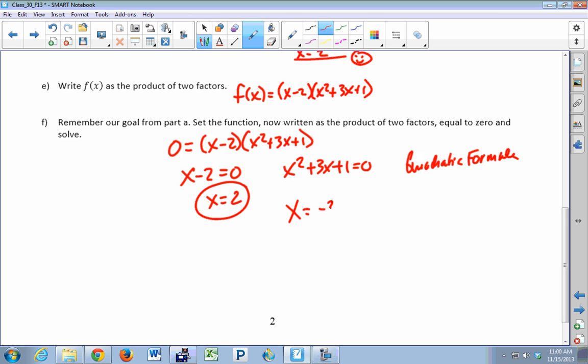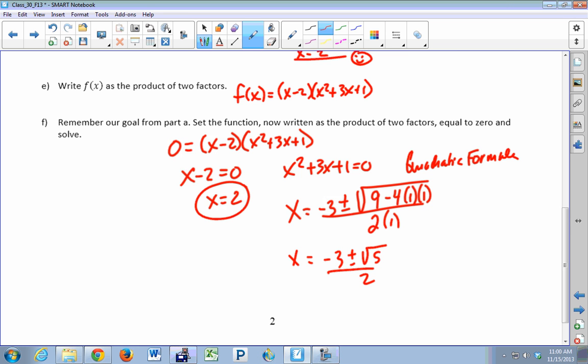X equals negative b plus or minus the square root of b squared minus 4ac all over 2a. X equals negative 3 plus or minus the square root of 5 all over 2. All right. So there you are, your two irrational zeros. Notice how they come in a pair. Plus square root of 5, minus square root of 5.